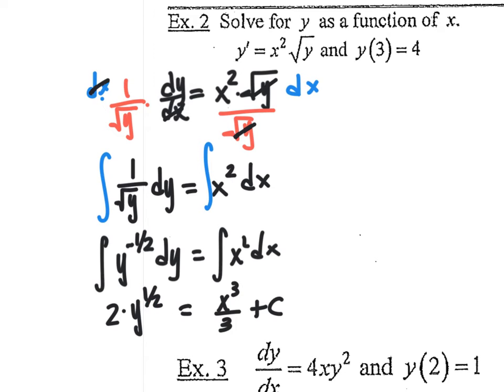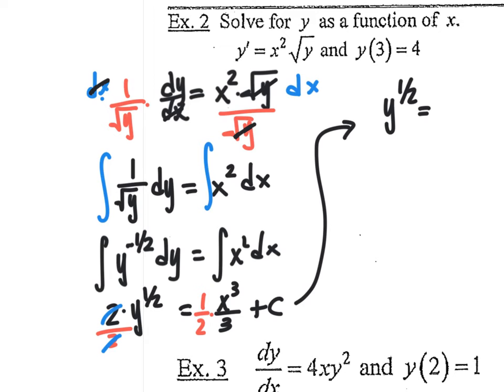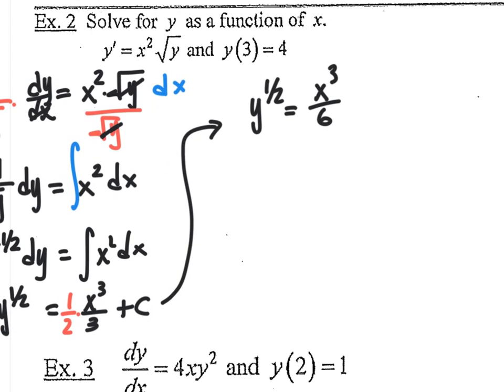And then I'm going to get my y by itself, and I'm going to divide both sides by 2, okay? But this I'm going to multiply by 1 over 2, all right? So the 2's divide out, and we're going to end up getting y to the 1/2 is equal to x cubed over 6, and then plus c, okay?